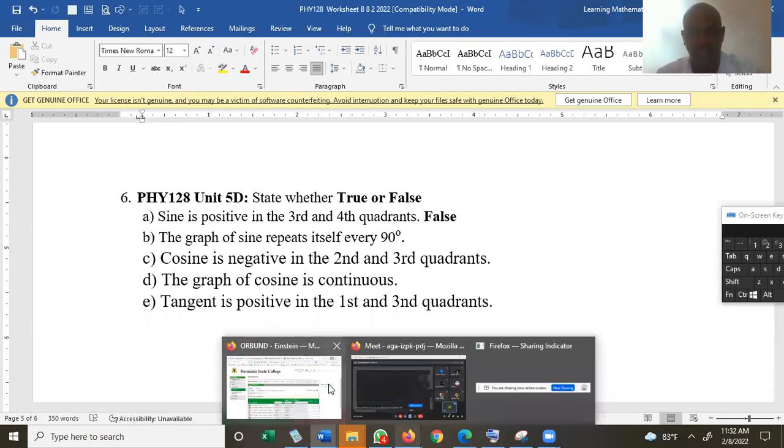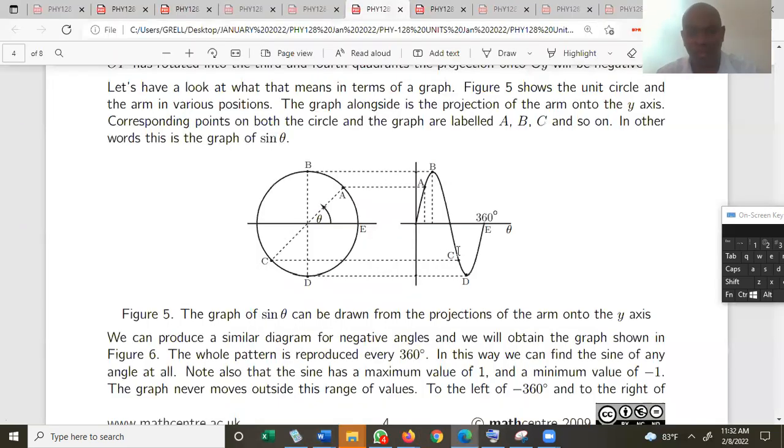Things that did not happen before 90 degrees are now happening. Look, at 90 degrees, that's the maximum value of sine. Look, new things are happening. The graph is decreasing, so that's not a repetition of that upward motion.